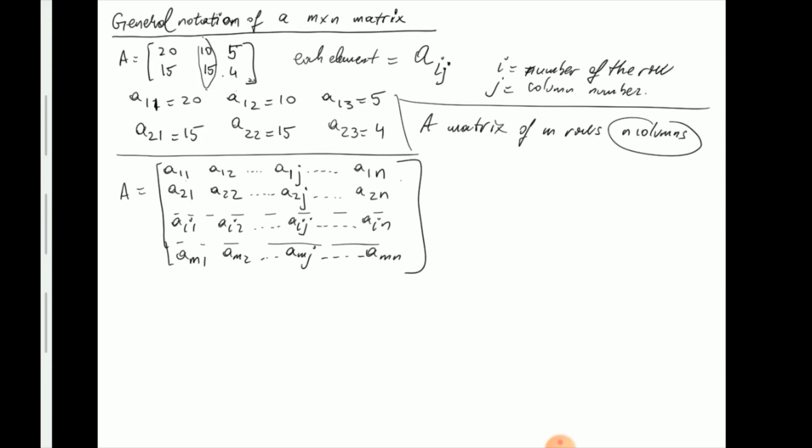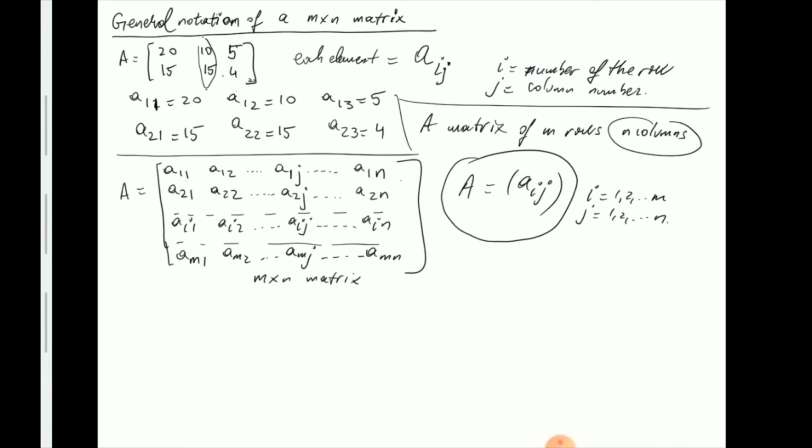Most of the time, once we understand how this notation works, so this is an m by n matrix, we can use a shortcut here and say A is described by aij with i going from 1 up to m, j going from 1 up to n. This is what I'm going to use quite often when I have to refer to a generic matrix.